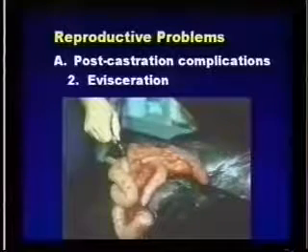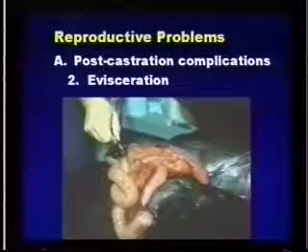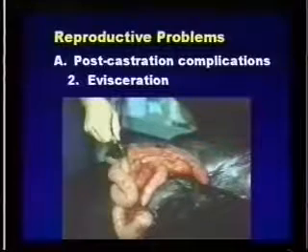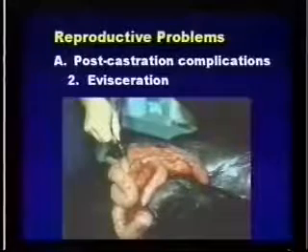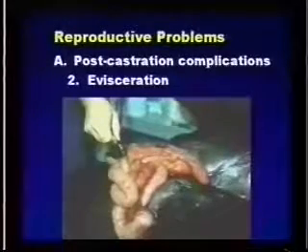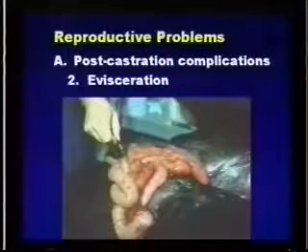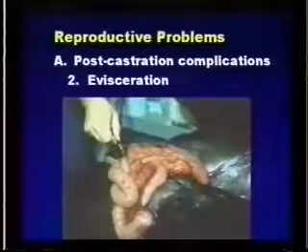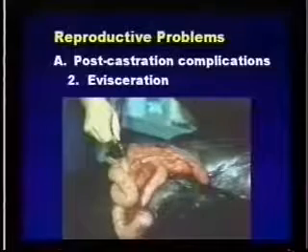This can occur immediately after the castration, or it can occur as late as a day or two after. But usually there's enough swelling that occurs after the surgery that if it doesn't happen immediately post-surgically, then you don't have to worry about it.